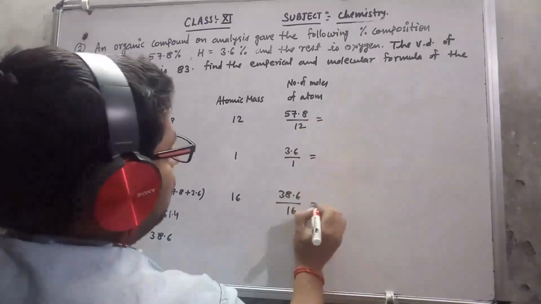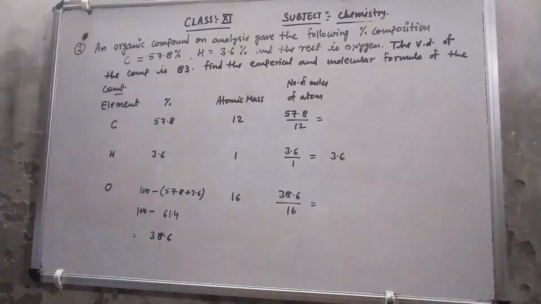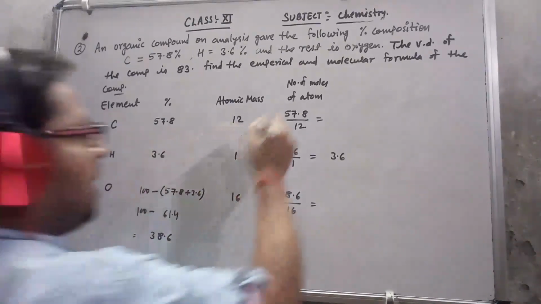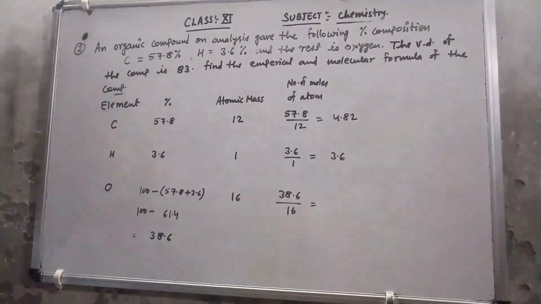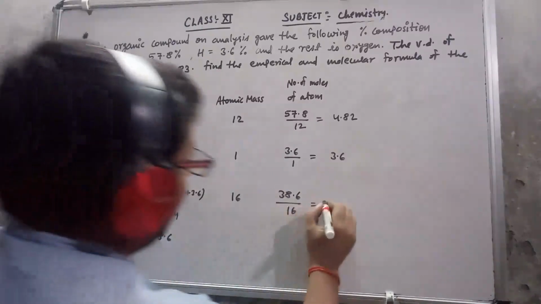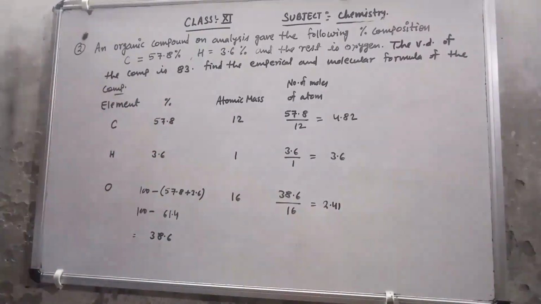If you solve it, 57.8 divided by 12 comes to 4.82. Hydrogen is 3.6, and 38.6 divided by 16 is 2.41. So the numbers of moles of atoms are in decimals.